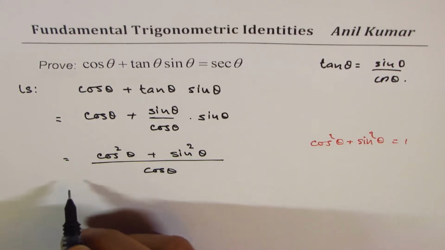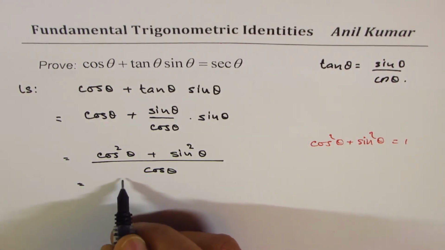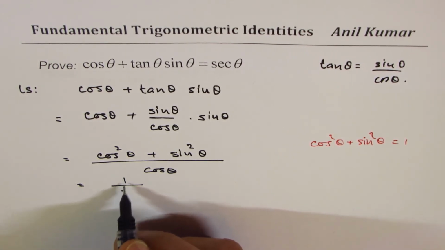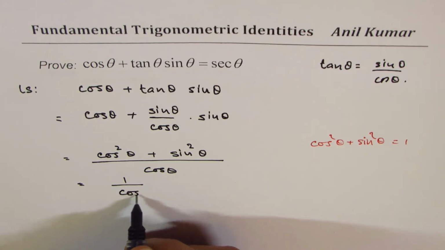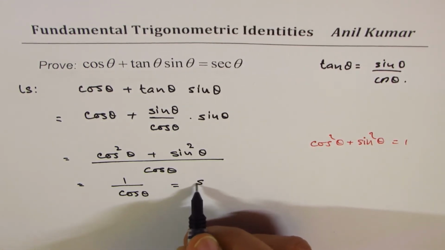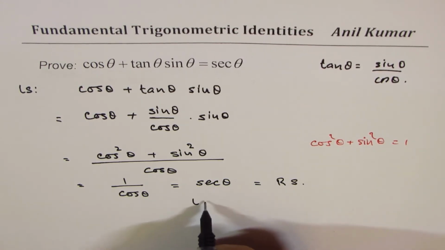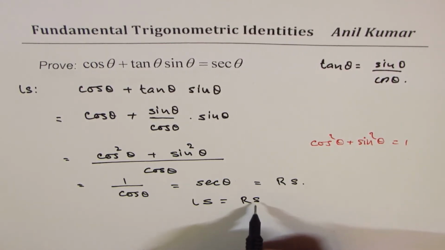And therefore, we can write this as equal to 1 over cos theta, and 1 over cos theta is secant theta, which is the right side. So we have shown that left side is equal to right side, correct?